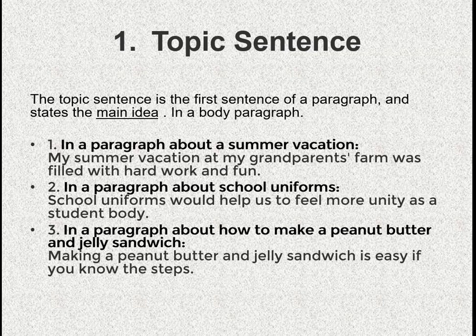If we are writing about how to make a peanut butter and jelly sandwich: Making a peanut butter and jelly sandwich is easy if you know the steps. After that, we can mention the explanation, the steps that we are going to follow. The most important thing is that the topic sentence is like the umbrella whose details we are going to discuss after that.